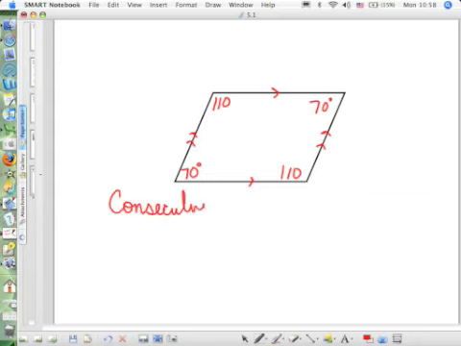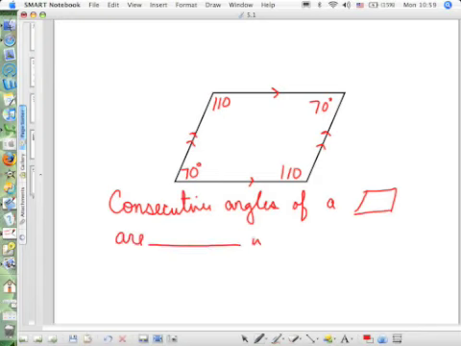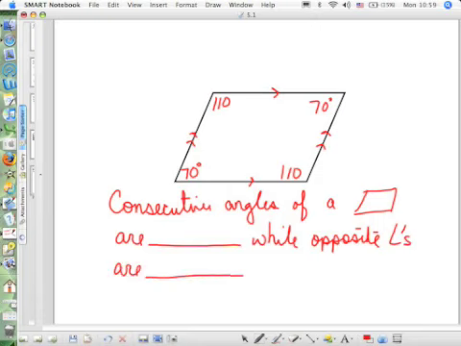Consecutive angles of a parallelogram are blank, while opposite angles are blank. You fill in the blanks. What are the words that go there?